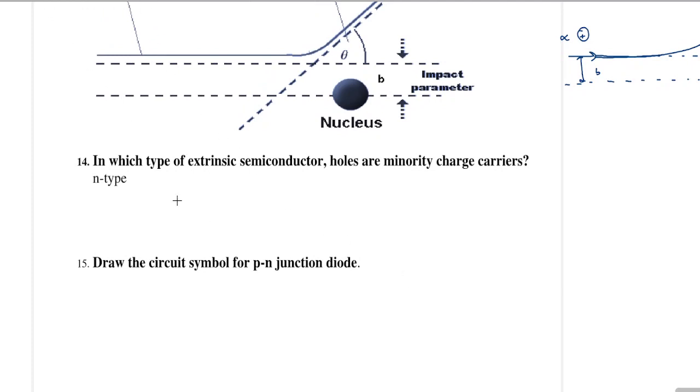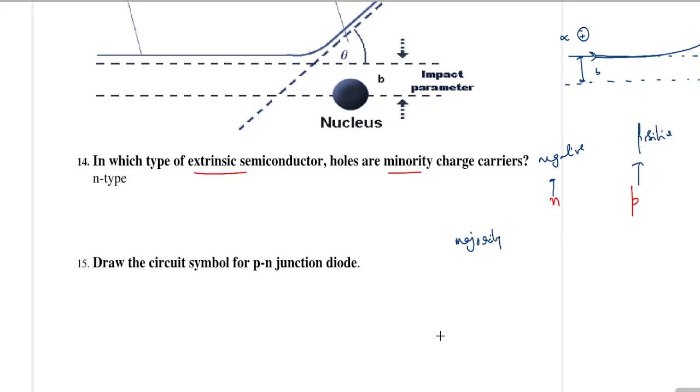Fourteen says, in which type of extrinsic semiconductor are holes minority? There are two kinds of extrinsic semiconductors, called N-type and P-type. In N-type, N stands for negative and P stands for positive.